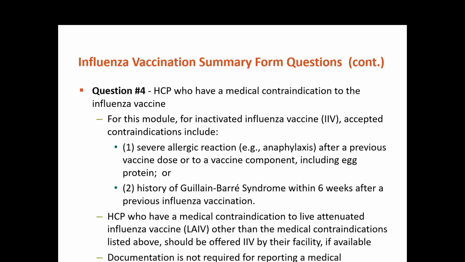Healthcare personnel who have a medical contraindication to live attenuated influenza vaccine, other than a severe allergic reaction to a vaccine component or history of GBS within 6 weeks after a previous vaccination, should be offered IIV by their facility if that's available. Therefore, the medical contraindications stated above are the only acceptable contraindications for this module.